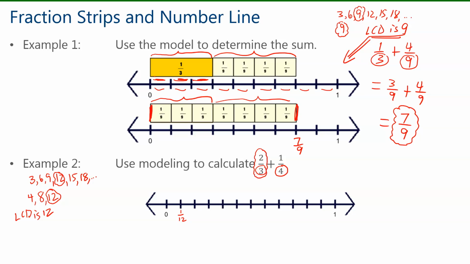Well, for that, I'm going to place down 2 1/3 fraction strips. And for the plus 1/4 part, I'm going to put down a 1/4 strip next to those 2/3. And now we have to figure out what the sum is. Let's put this over on the side. 2/3 plus 1/4.